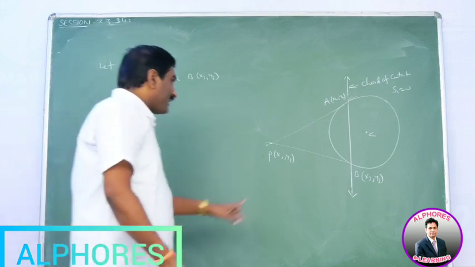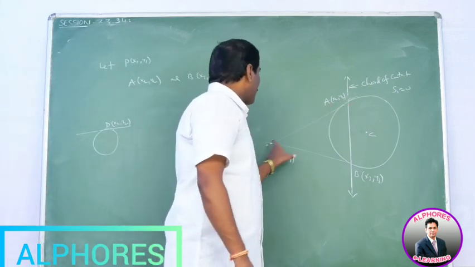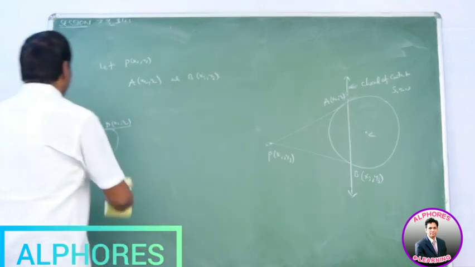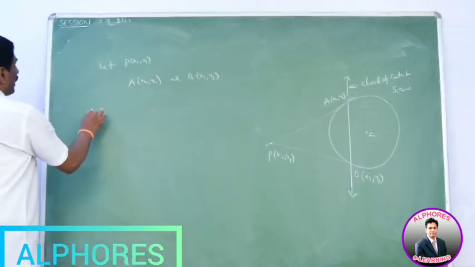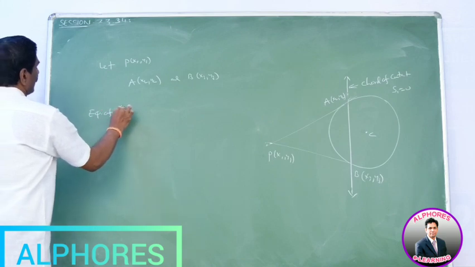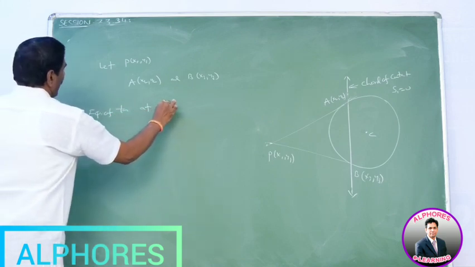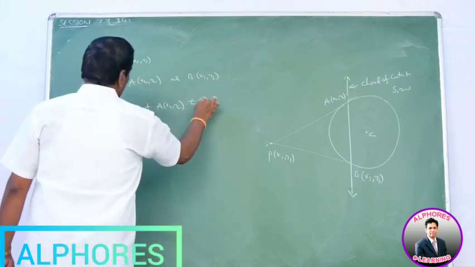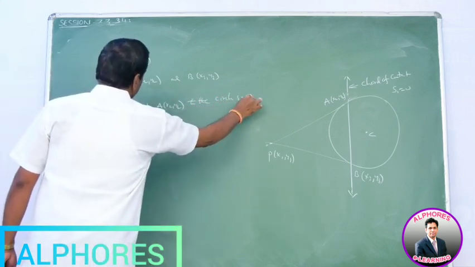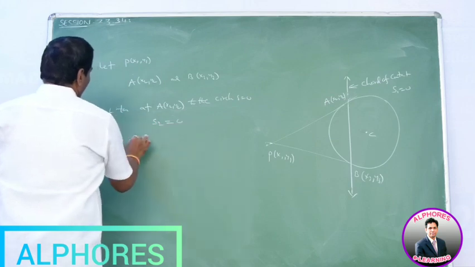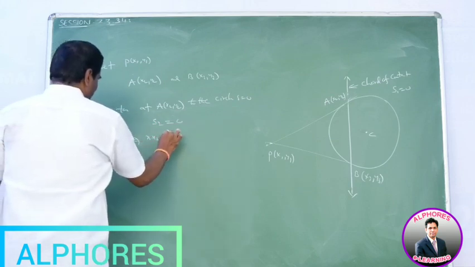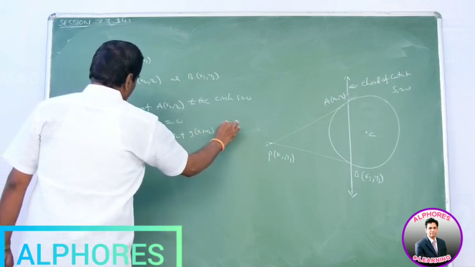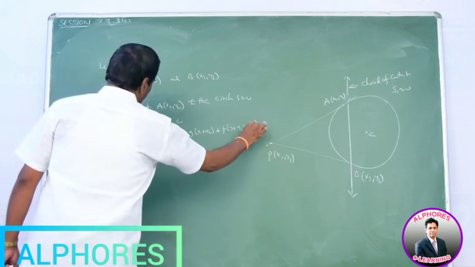Here, A is the point on the circle and AP is the tangent to this circle. So, the equation of the tangent at A(x2, y2) to the circle S is equal to 0 is S2 is equal to 0. S2 means x x2 plus y y2 plus g of (x plus x2) plus f of (y plus y2) plus c is equal to 0.